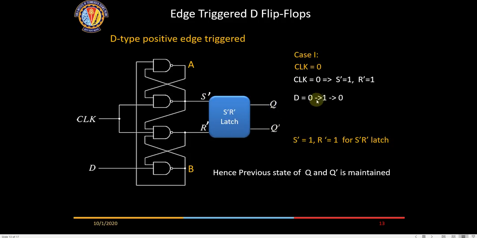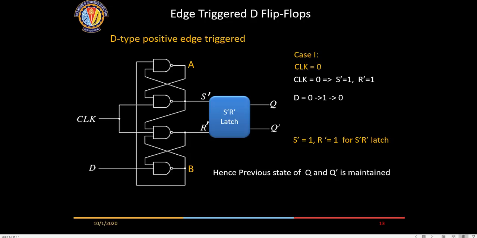It won't change. Even if D is changing, it doesn't matter, because you will see S bar and R bar are both 1 the moment clock is 0. So even if D changes from 1 to 0 or 0 to 1, whatever happens will not get reflected here, because clock will put S bar and R bar as 1.